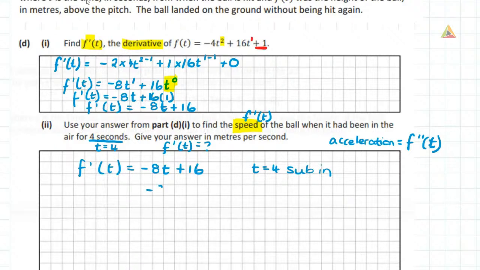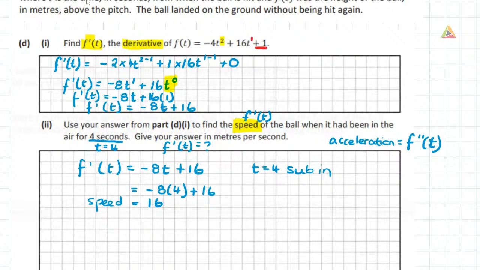So I'm going to say minus 8 times 4 plus 16, and when I put that into my calculator, I'm going to get a speed. It actually gives me a minus 16. So I get minus 32 plus 16, but our speed is going to be 16 rather than minus 16.